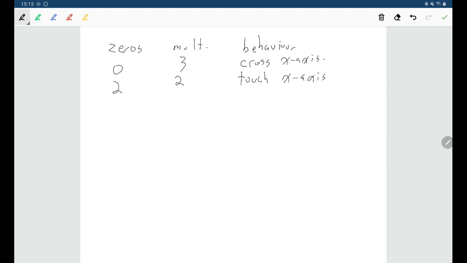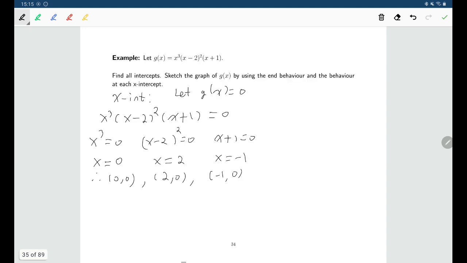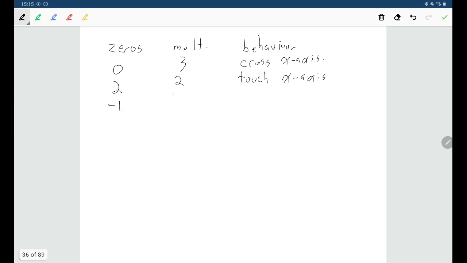And then finally, the last zero that we have was a zero of -1, and that came from x plus 1, not raised to any powers, so multiplicity of 1. So our zero of -1 has multiplicity of 1, and that means we're going to cross the x-axis. Okay, so that's part of our work.